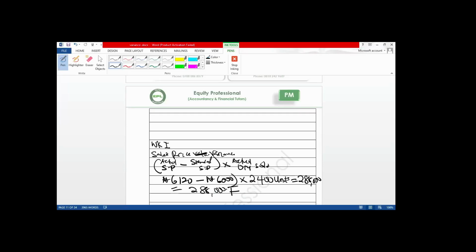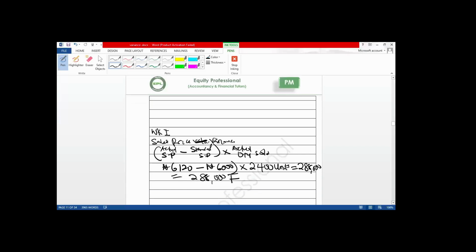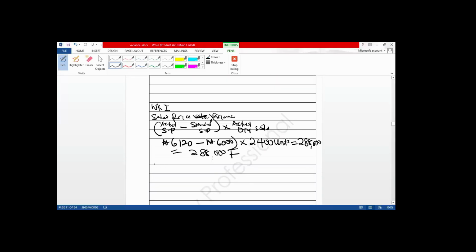Your plan is to sell for 6,000 naira per unit. On getting to the market, you sold for 6,120. That is favorable. You come to sales volume variance.